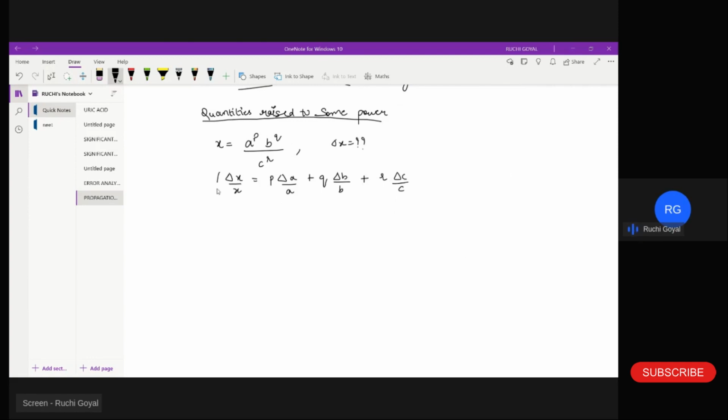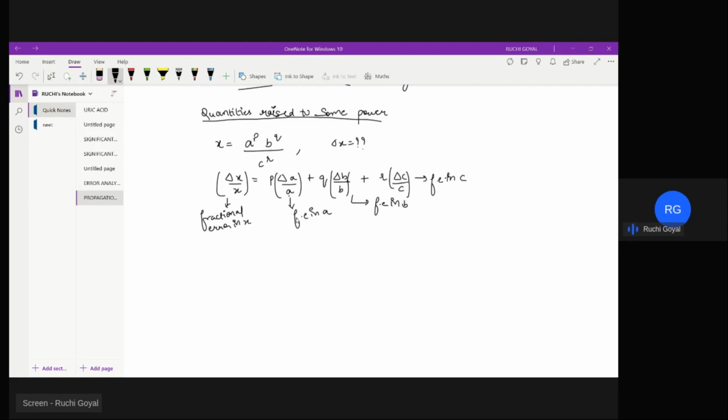So this is the fractional error we have studied in the last class. So it is fractional error in x. And this term is the fractional error in a, this is fractional error in b, and this is fractional error in c.